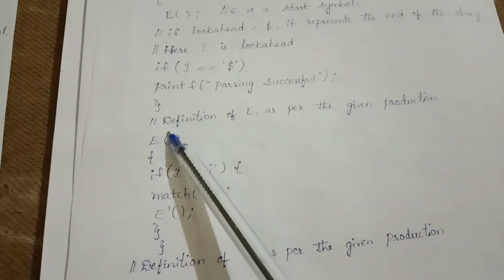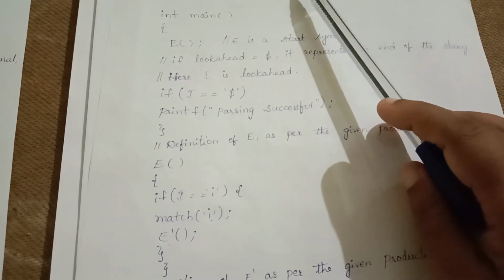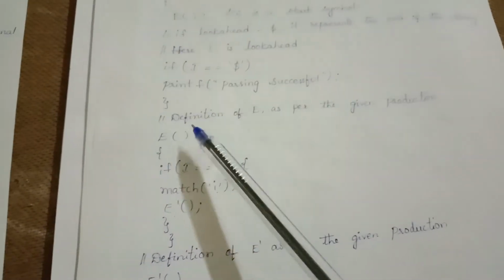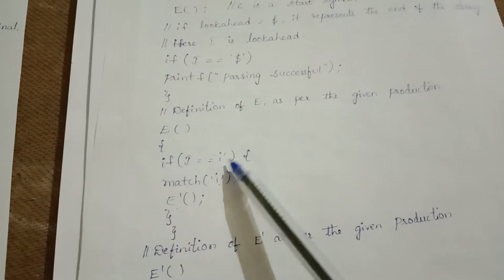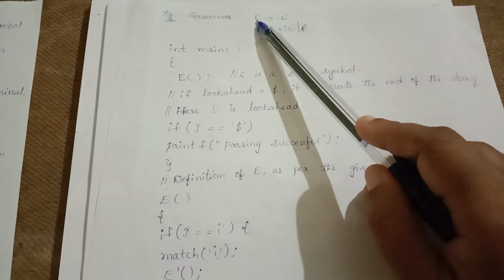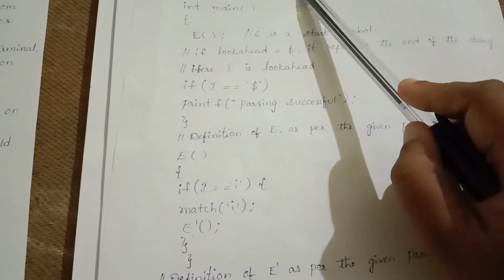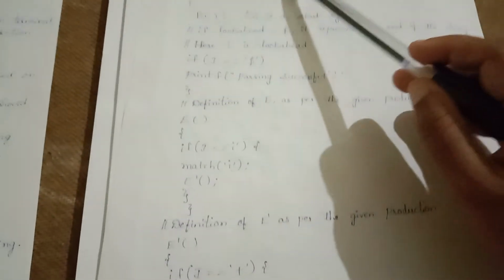Then again, as per the given production for E, we write the program E: if I, that is the look ahead symbol, equals I, then match I, and then call E dash. Next, according to this, we write the program for E dash.